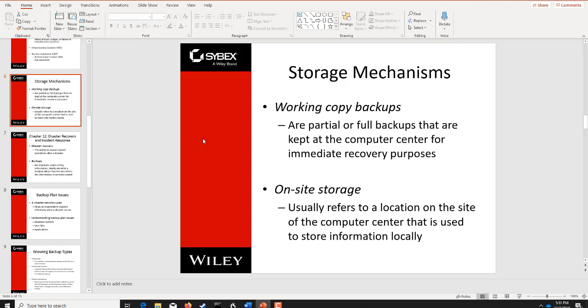So you need to understand the difference between the different types of backups, whether it's a partial backup, incremental, or a full backup. And where are they kept? When were they last tested? How do we have a need for immediate backup?